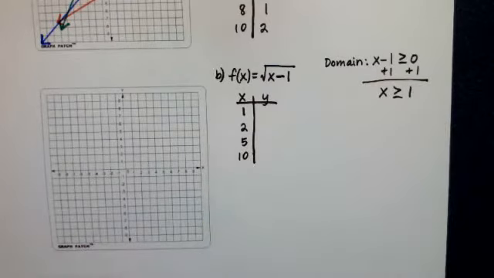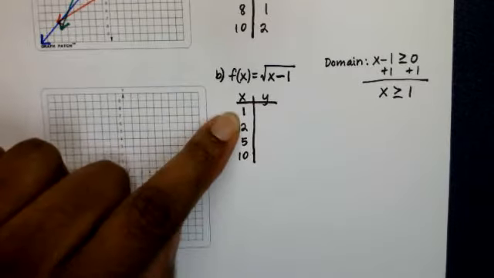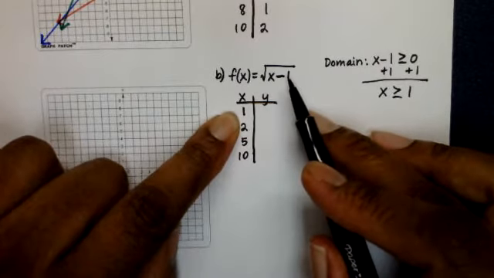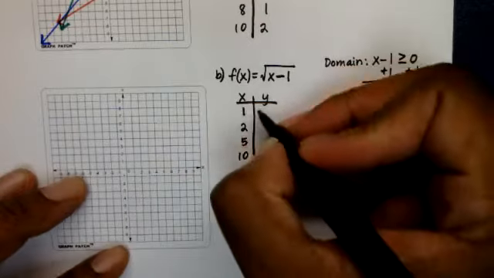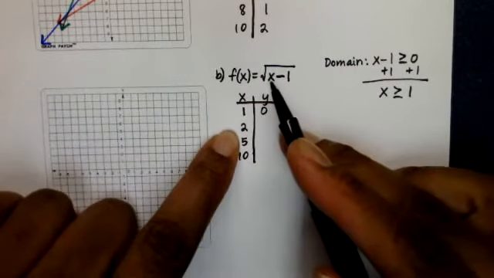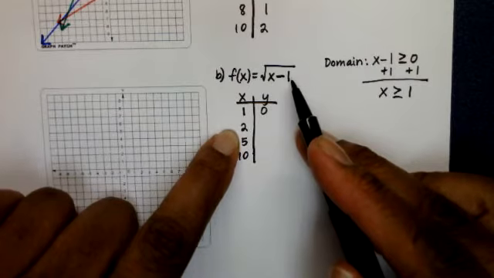And you're going to see why I chose those values here, because I chose those in a way so that when I take the square root of something, I'll get a whole number, like for x is equal to 1. If I do 1 minus 1, that's 0. The square root of 0 is 0. For x is 2, 2 minus 1 will be 1.